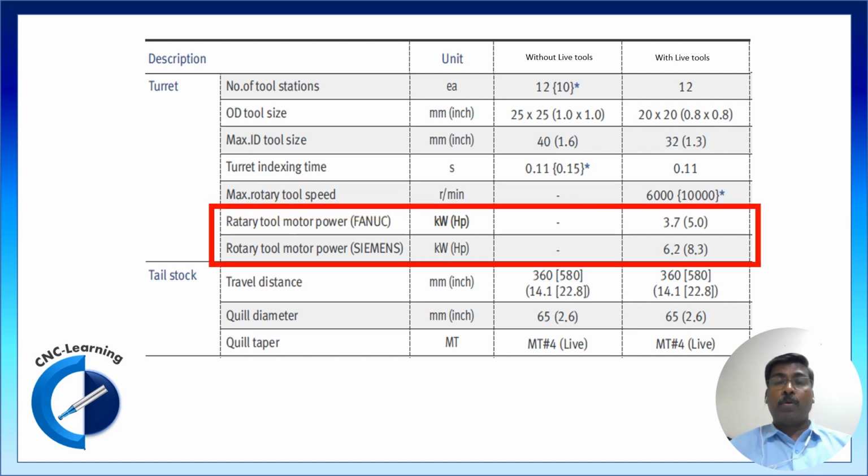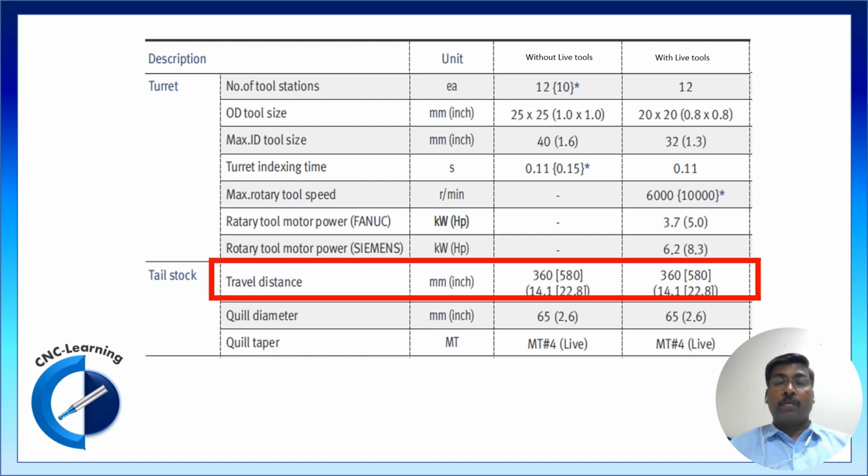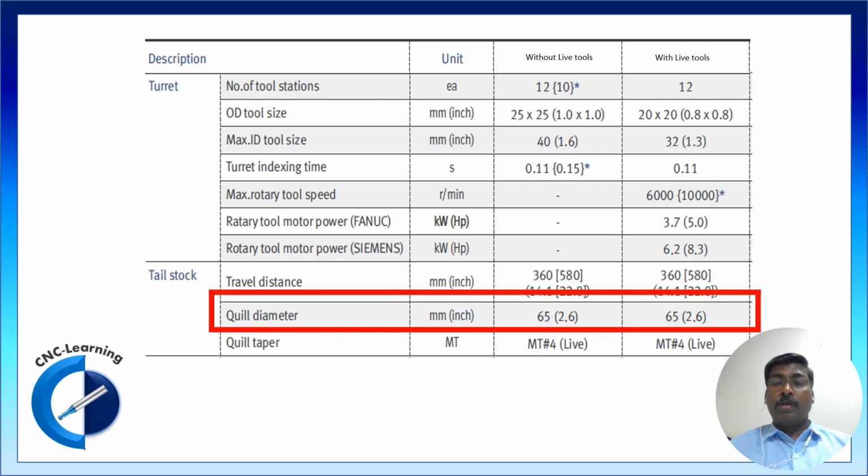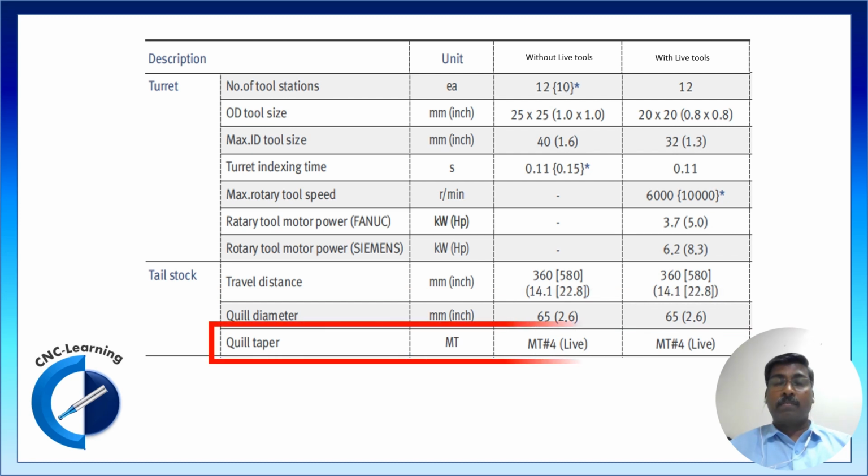Rotary tool motor power, Fanuc and Siemens, that is for live tool. Travel distance, tailstock travel distance, that is 360 mm. Quill diameter 65, quill taper MT4.